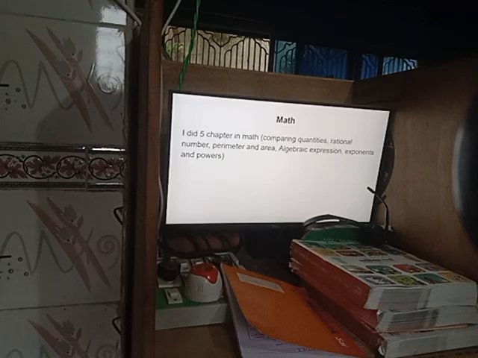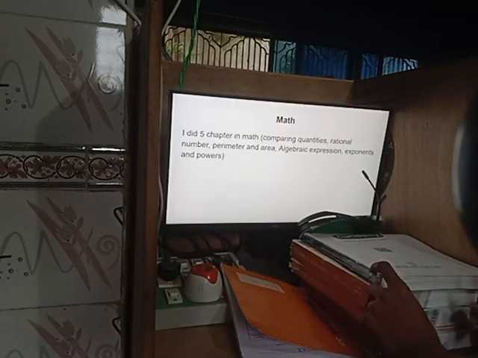There are 1, 2, 3, 4 digits after the first, so it will be raised to the power 4. 3.8760 raised to the power 4. The number will come, and then the chapter is over. So the math chapter is also over, and the science chapter is also over.